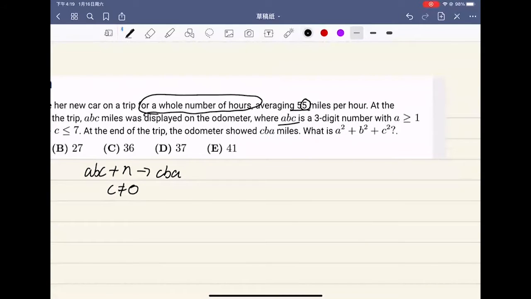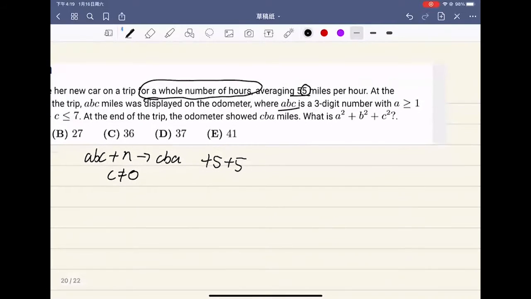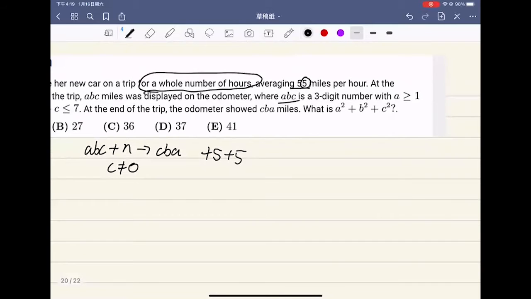What happens if we drive 1 hour? If we drive 1 hour, the last digit is added by 5. Then what happens if we drive 2 hours? Then we add another 5. Yeah, so we can know the relationship: the last digit is adding 5 each time.